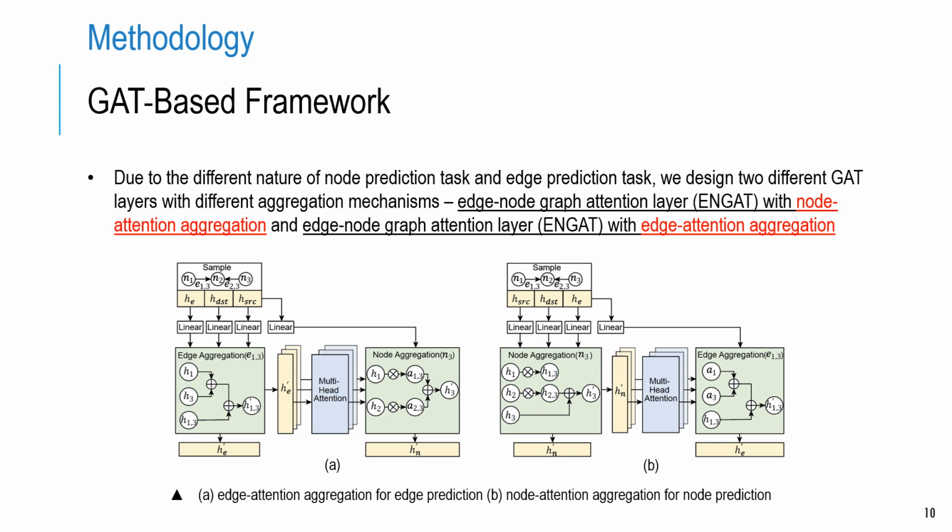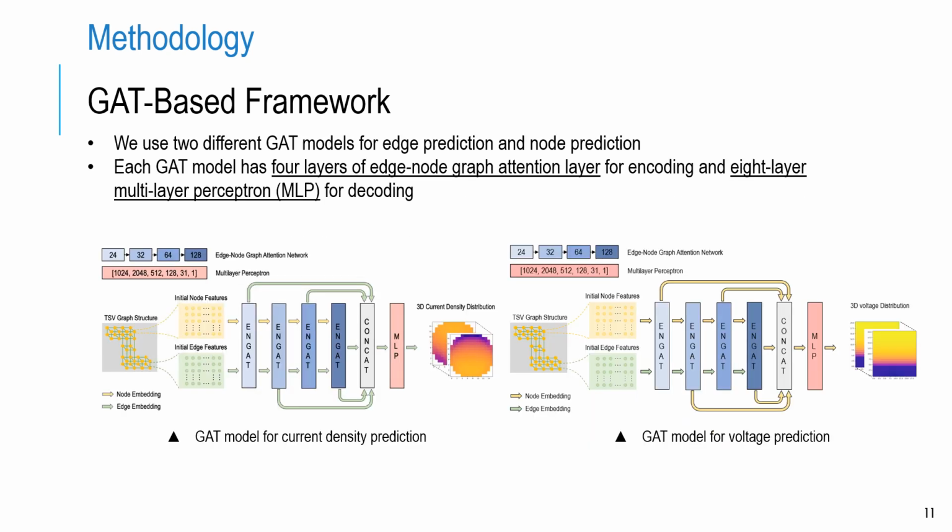For current density distribution, edge information is more critical, therefore we prioritize edge aggregation, where the attention scores are used for edge feature vectors. For voltage prediction, node information is more relevant, thus we perform node aggregation first with attention scores used for node features. We use two different GAT models for edge prediction and node prediction.